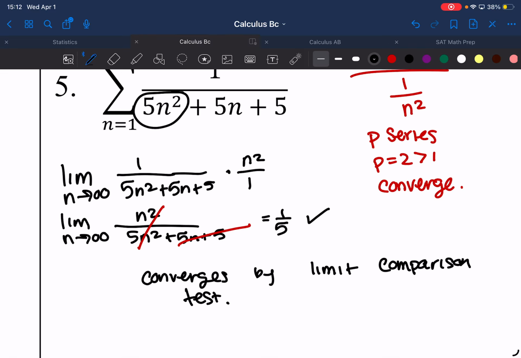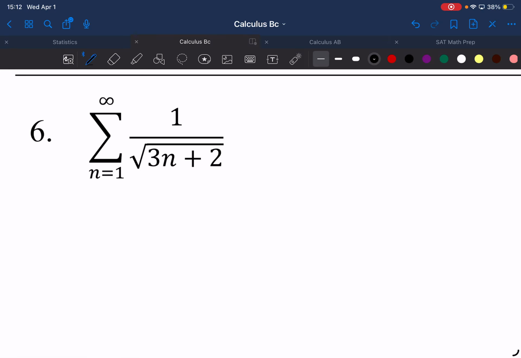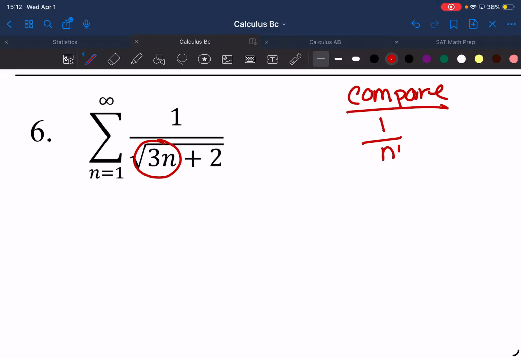Okay, let's look at 6. Okay, so number 6, we have the summation of 1 over the square root of 3n plus 2. So again, we look at the highest degree on the top and the bottom, and really we just have this square root of 3n. So if we're comparing it to something, we're going to end up comparing it to 1 over, we don't care about the coefficient, n to the 1/2, because square root of n is the same as saying n to the 1/2.